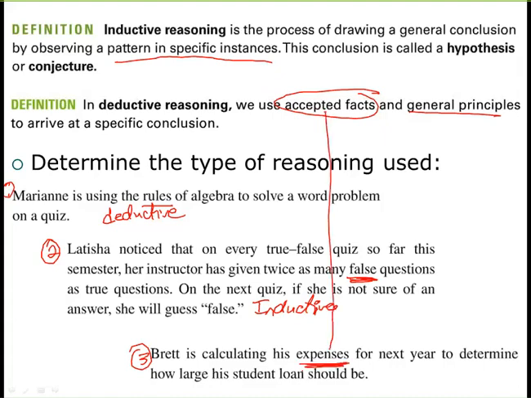It's accepted how much it actually costs to go to school. So here we've got deductive reasoning. And that one's hard because when you're budgeting, you're using inductive reasoning based on what you've done before, whereas here we know our expenses, and so it's deductive.